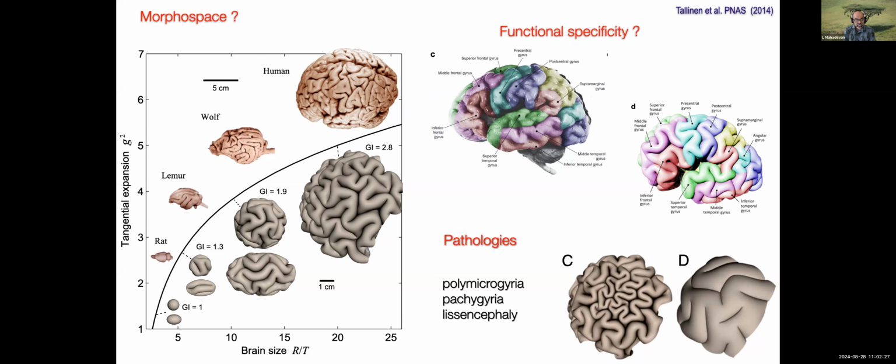We can explain some of the pathologies that people have observed in the context of seeing when the folds become smaller. So polymicrogyria, I'll come back to this in a genetic context in just a minute. Large, fine folds arise when the cortex is thin, as you would expect. Pachygyria: if you have a thick cortex, then the folds will be much more widely spaced.